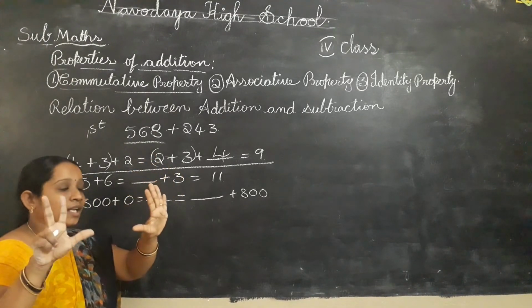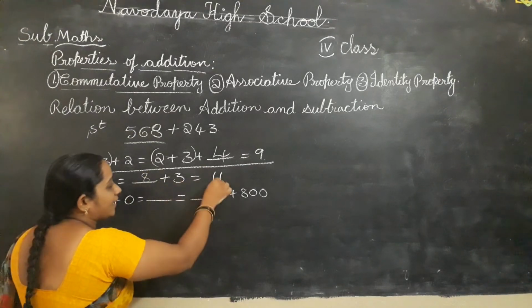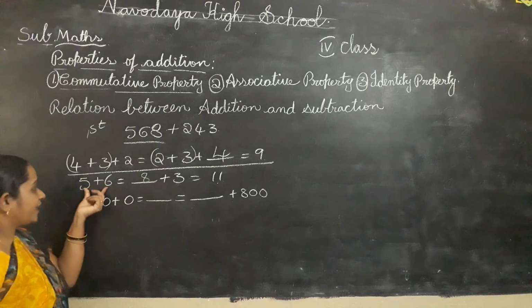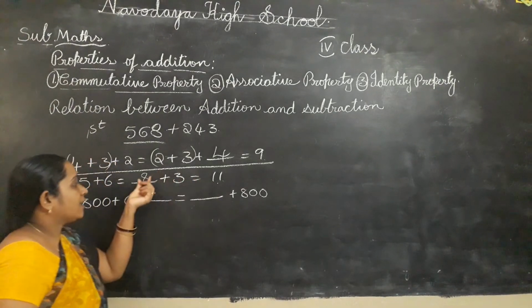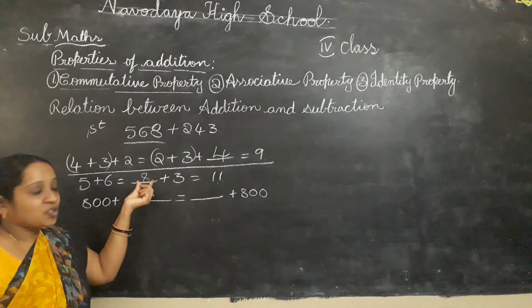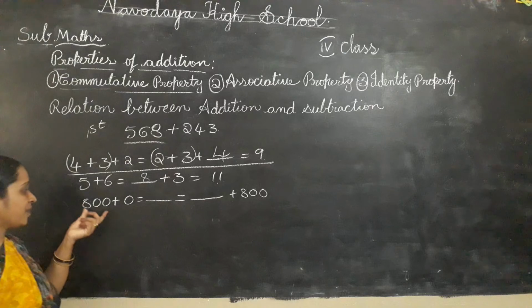When we add 8 to 3, then we will get 11. So here is addition and this is the subtraction. 11 minus 3, then you will get the missing number. So this is the relationship between addition and subtraction, children.